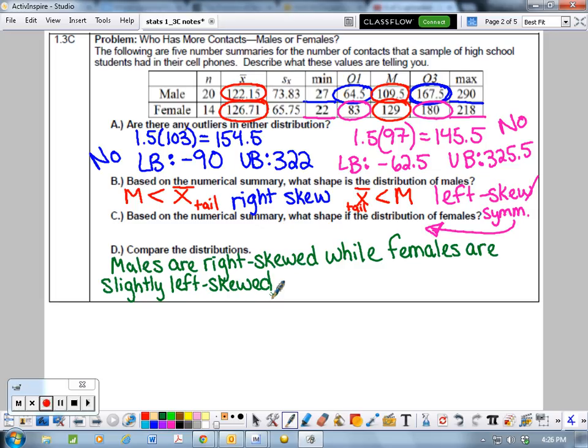Now we compared shapes, then we compare centers. Centers for females are higher. And I'm going to put in parentheses here both mean and median.